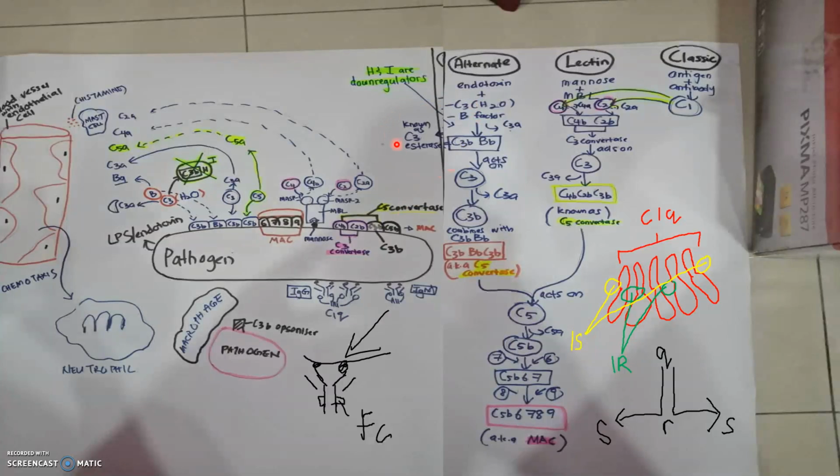Earlier I made a mistake: that one should be convertase. Anything that cleaves is known as a convertase, and esterase is the regulator. There is no C3 esterase, only C1 esterase. C1 esterase is an enzyme that causes inactivation of C1s as well as C1r.